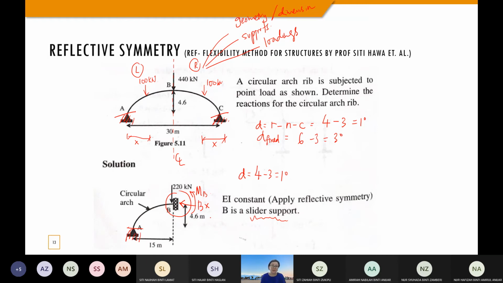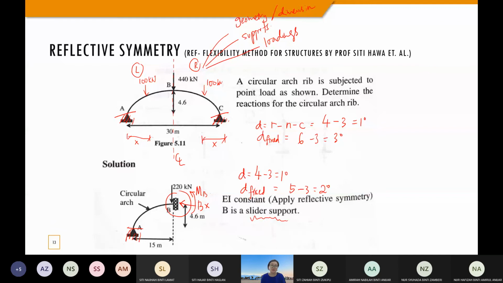For half of this circular arch, you will have 5 support reactions minus 3, so 2 degrees of indeterminacy.